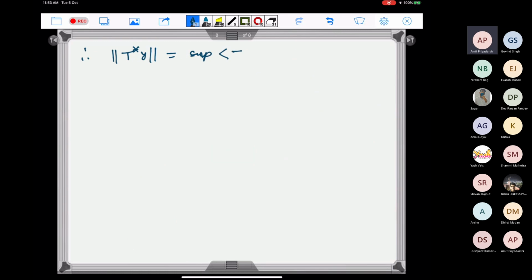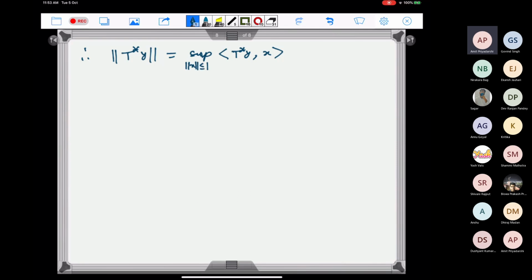So we have T star y with x, norm x less than equal to 1, right?